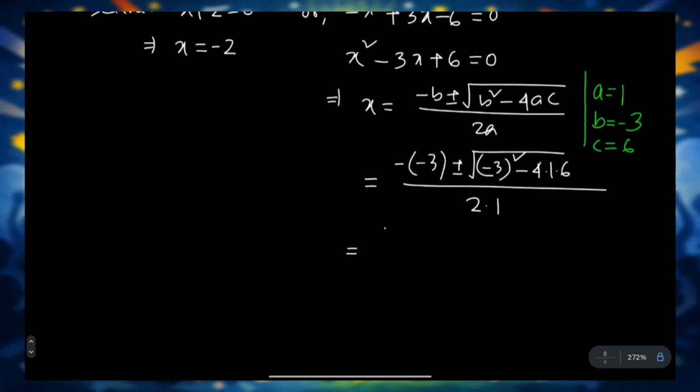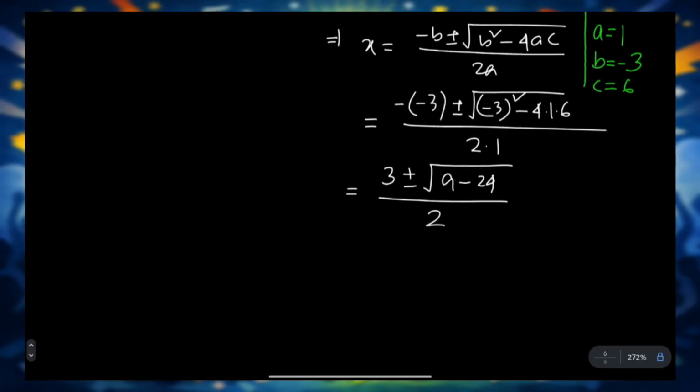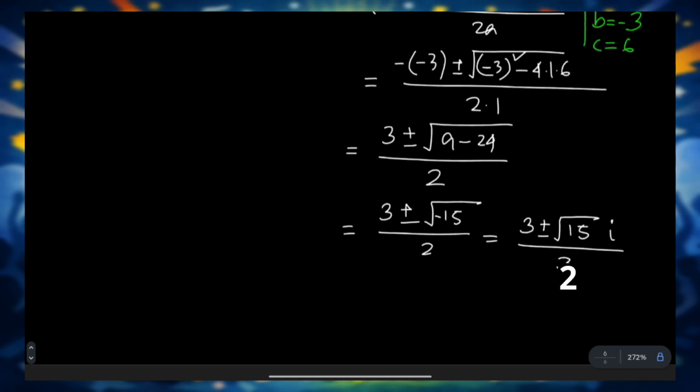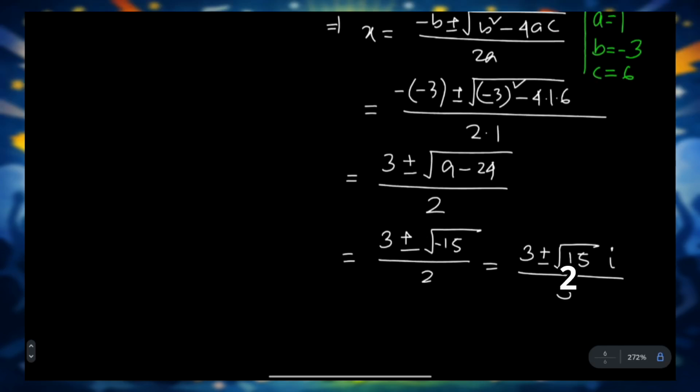That equals 3 plus minus root over of 9 minus 24 divided by 2. That equals 3 plus minus root over of minus 15 divided by 2, that equals 3 plus minus root 15 i divided by 2.